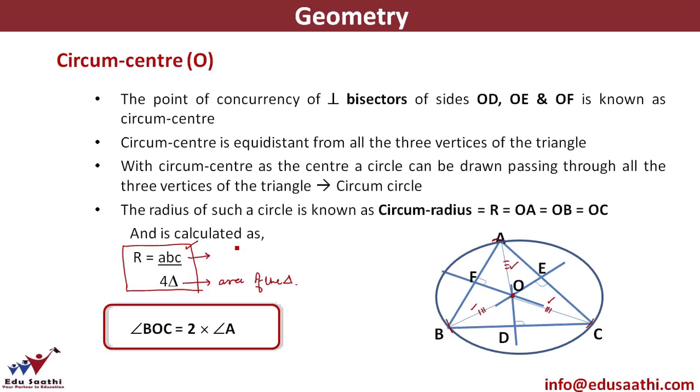The value that I will get would be the circumradius. The angle which the base makes at the circumcenter will be twice the angle which the same base makes at the vertex. So I can say the angle at the center is twice the angle at the circumference.